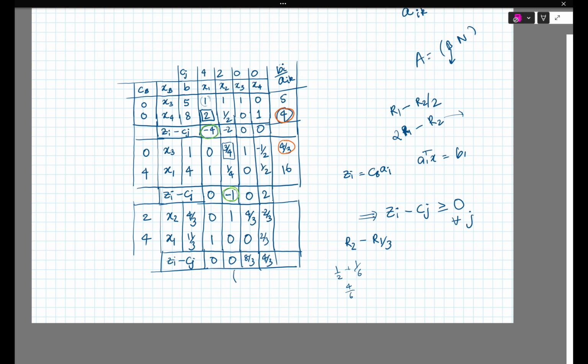Okay, so this condition is now met. Zi minus cj is greater than equal to 0 always. So this is our solution.